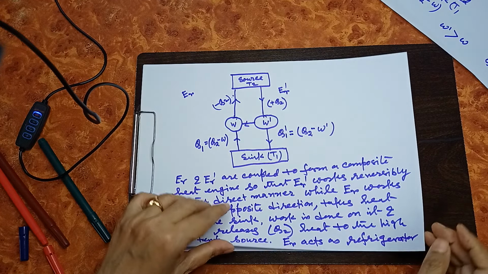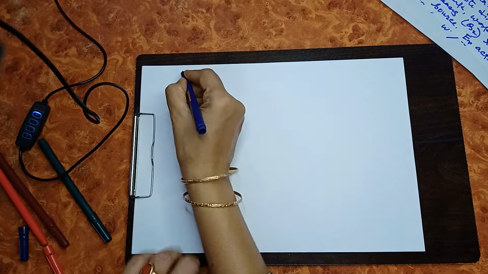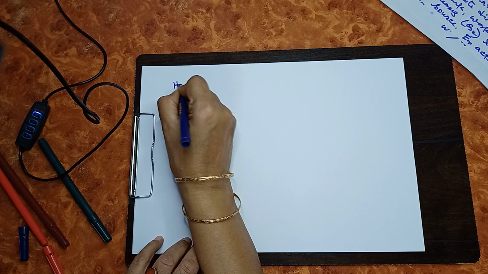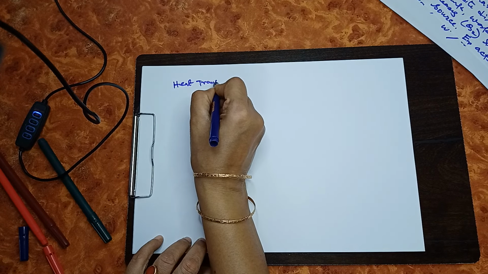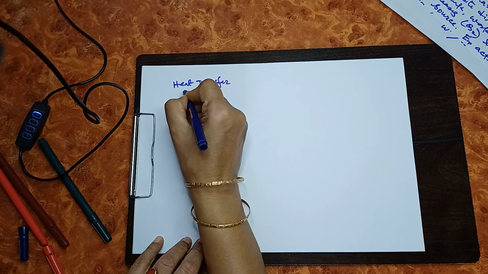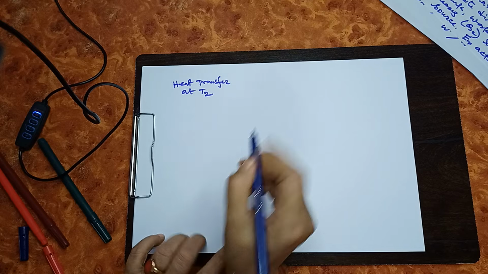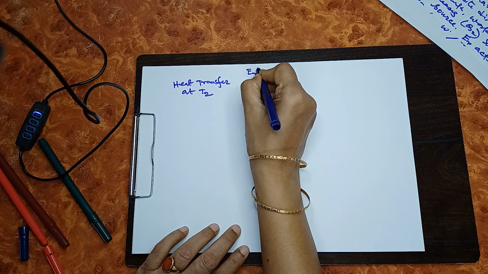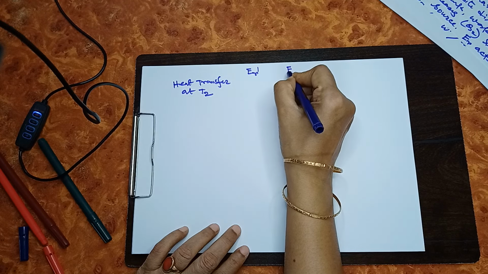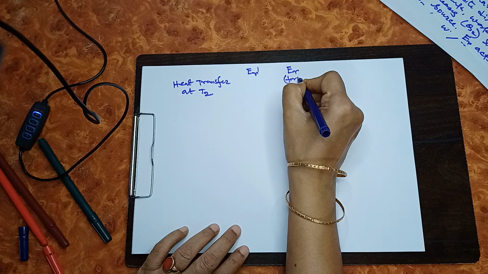Now, what will be the resulting situation? See here. So, if we consider heat transfer at T2. Okay. Now, here I am taking the heat engine ER dashed, then heat engine ER in the forward direction.